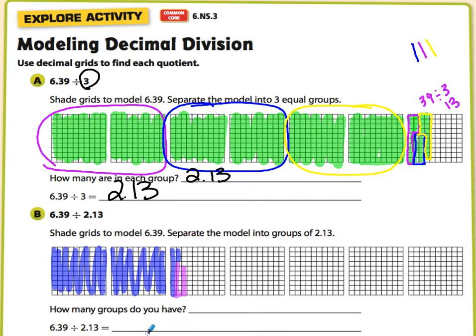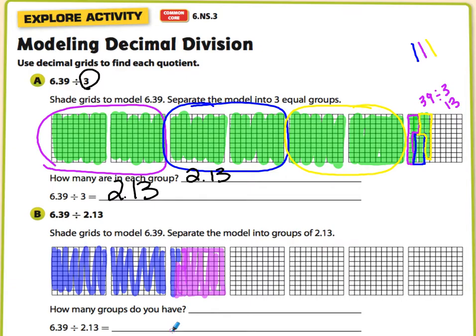All right, this is going to be a little bit difficult now because I have 4 left over here. So I'm going to say, okay, well, here's part of a full group.